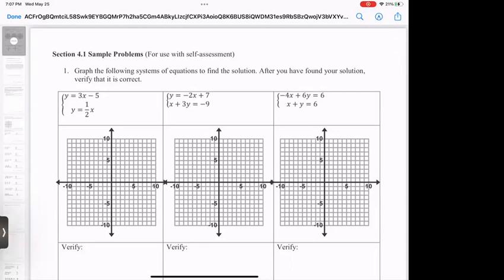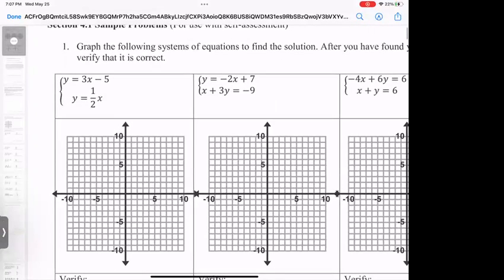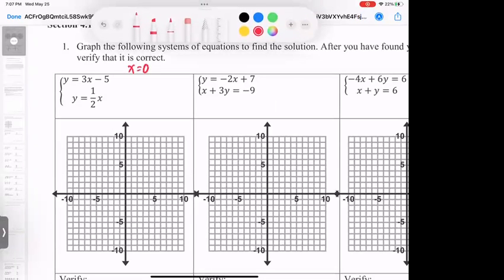First, how do we graph y = 3x - 5? Amy, how do you graph this function? First you put the dot at -5, the y-intercept. Okay, so Amy said we need to figure out the x-intercept and the y-intercept. When x is 0, y is -5. And for the other one, y is 0.